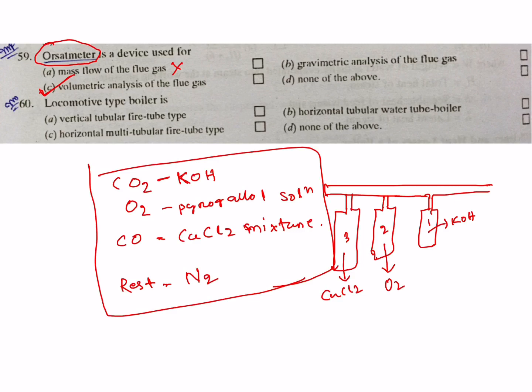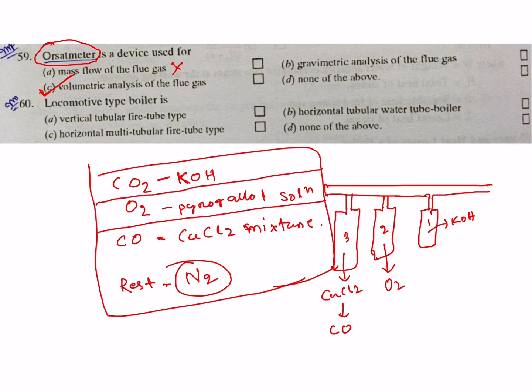First one, second one, third one. CuCl2 for carbon monoxide, pyrogallol solution for oxygen, and KOH solution to determine the percentage of carbon dioxide, and the rest is your N2. The remaining are absorbed gases. All three are important: KOH, pyrogallol solution, CuCl2 mixture. Already asked in various exams.